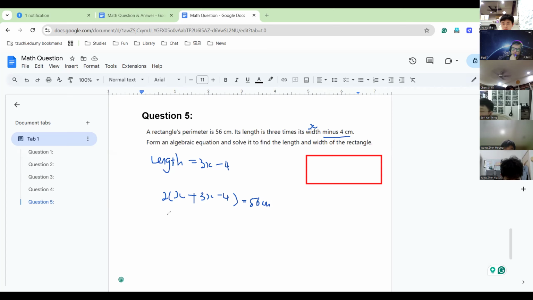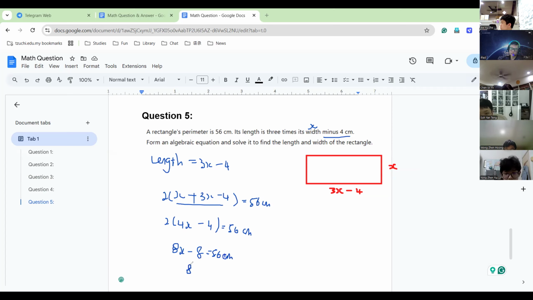Then to simplify here, it becomes 4x minus 4 equals 56 cm. And expand it, which becomes 8x minus 8 equals 56 cm.